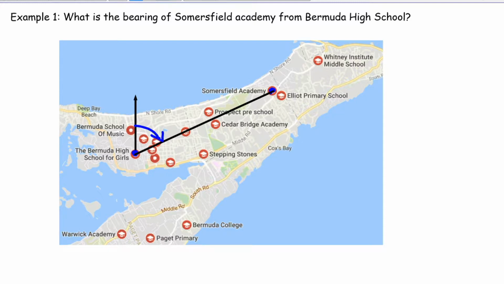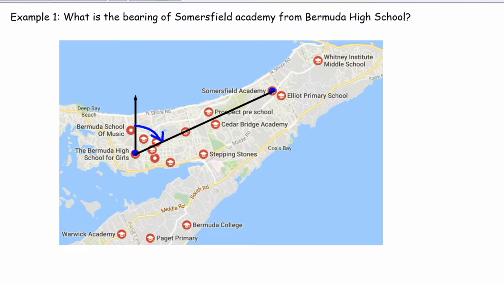Remember I'm standing at Bermuda High School facing north. I want to go to Summersfield. What angle am I going to turn clockwise before I start walking to Summersfield Academy? That angle is what you're looking for. That is the bearing of Summersfield Academy from Bermuda High School, or you can rephrase it and say, that is the direction of Summersfield Academy from Bermuda High School.